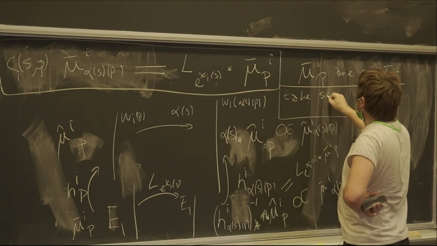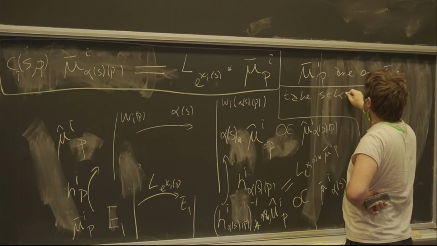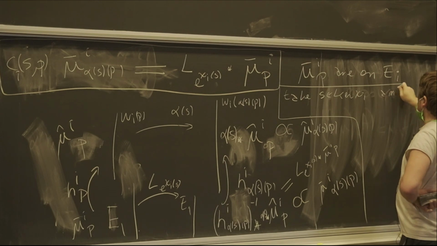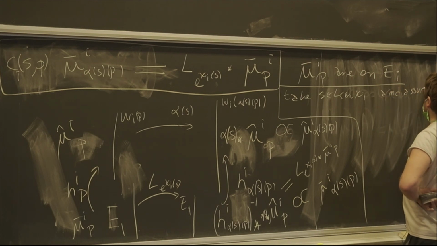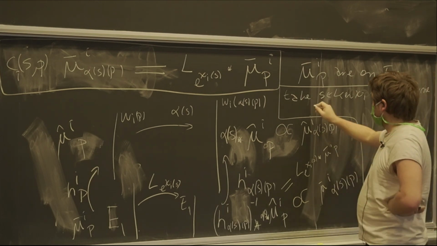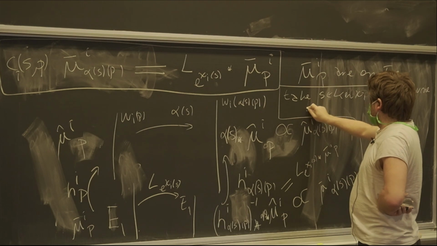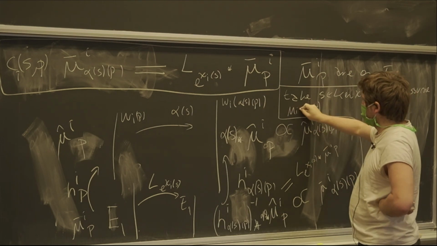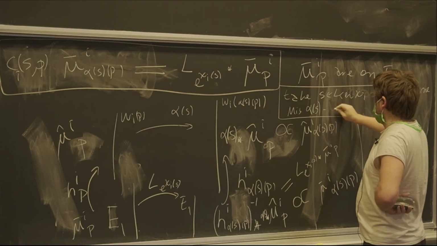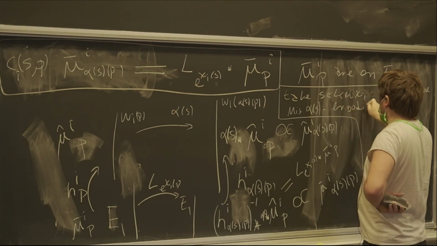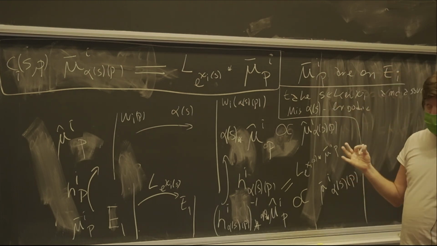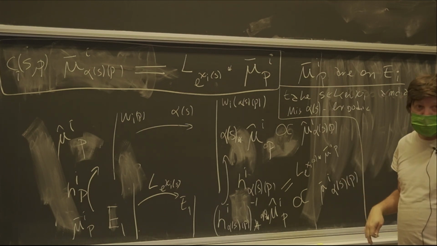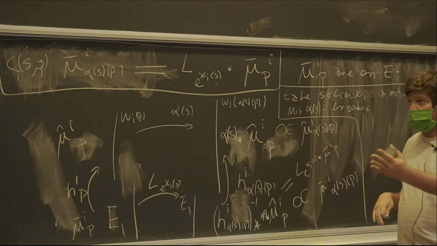Take S in the kernel of chi_i and assume mu is alpha S ergodic. So mu is ergodic for the whole alpha action, but it doesn't imply at all that it will be ergodic for any element of the action.